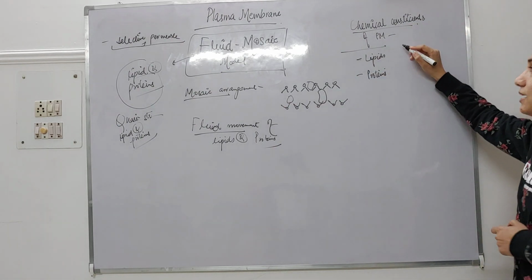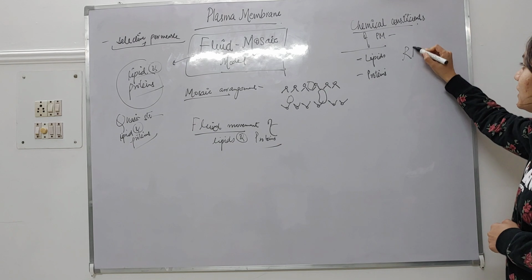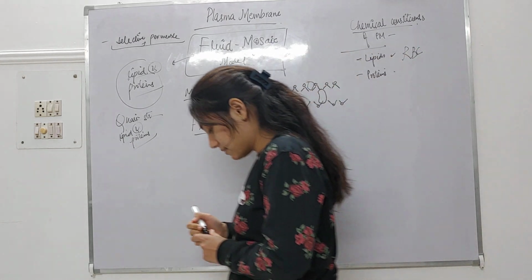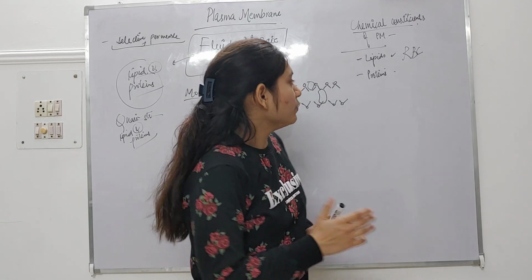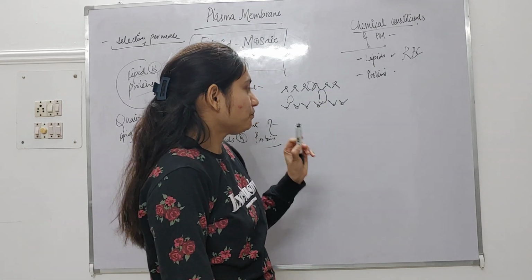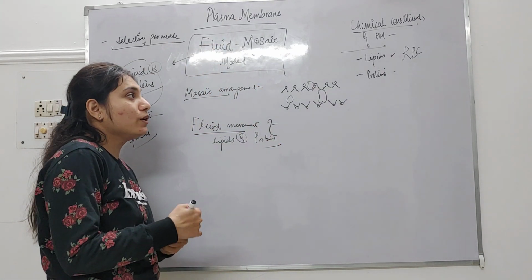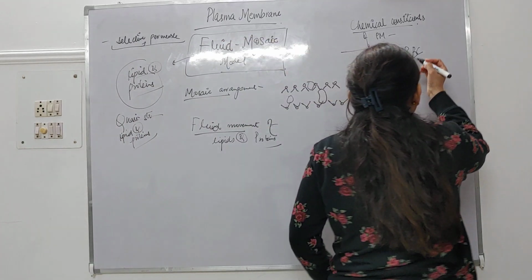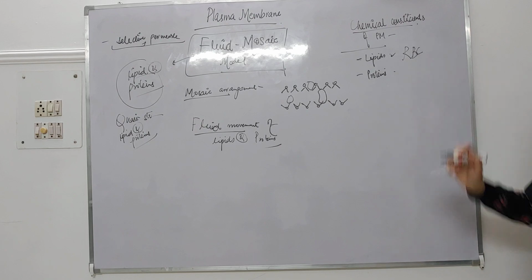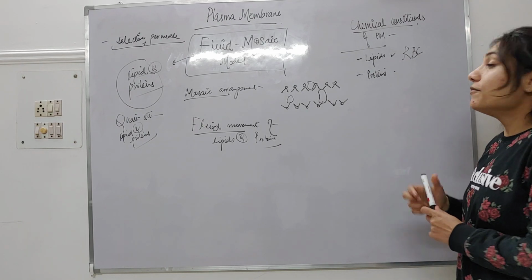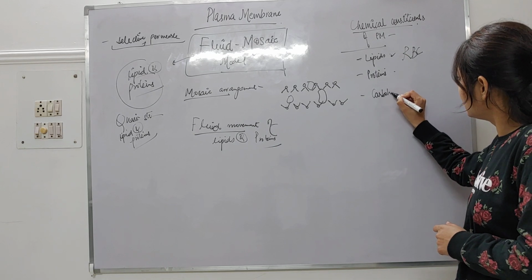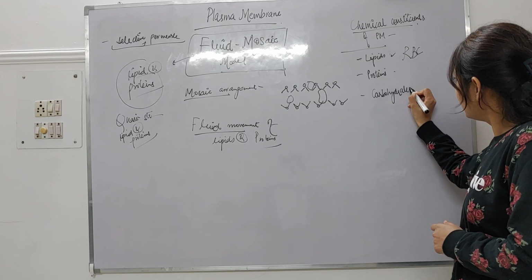As we have seen, in RBCs a different concentration of lipid or protein is present, or in the plasma membrane of any other cell or organism a different ratio of lipids and proteins is present. Carbohydrates are also present in plasma membrane.